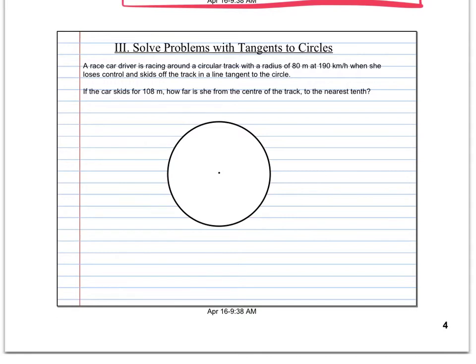If the car skids for 108 meters, how far is she from the center of the track to the nearest tenth? So, you draw out the information you're given. You have a radius, which is 80. At this point, she skids off at some line tangent to the track. And then you're looking for how far she ends up off the center of the track.